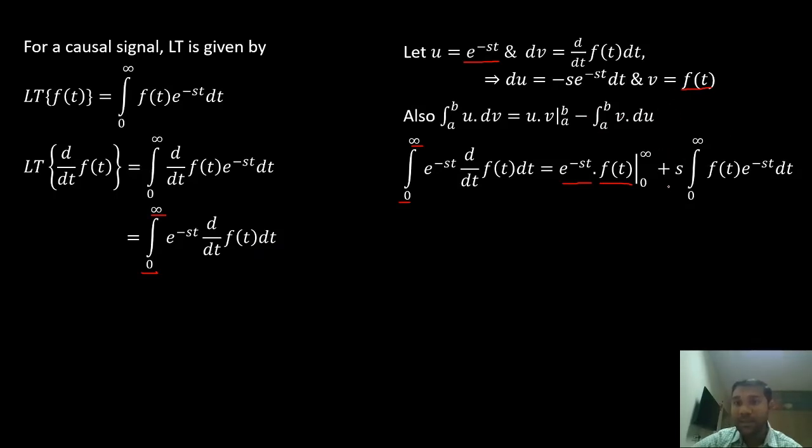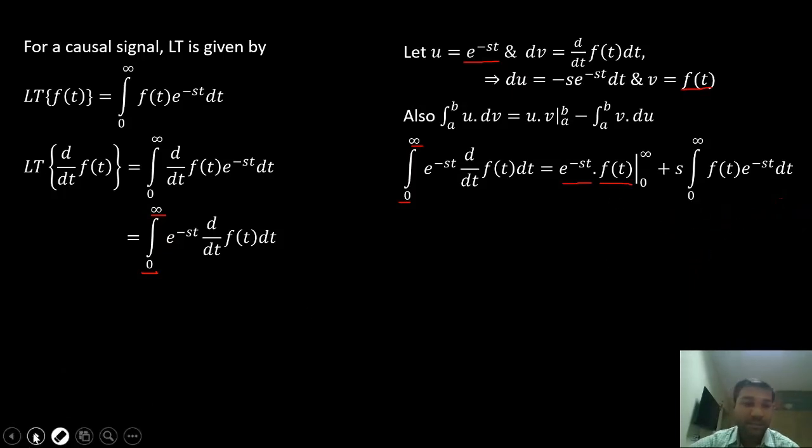So minus, let us assume for now, the limits are same, my v is nothing but f of t, and du is s into e power minus st dt, and I have a negative sign. That negative sign combined here becomes positive. That is the same thing I have here, and that is the same thing I have there.